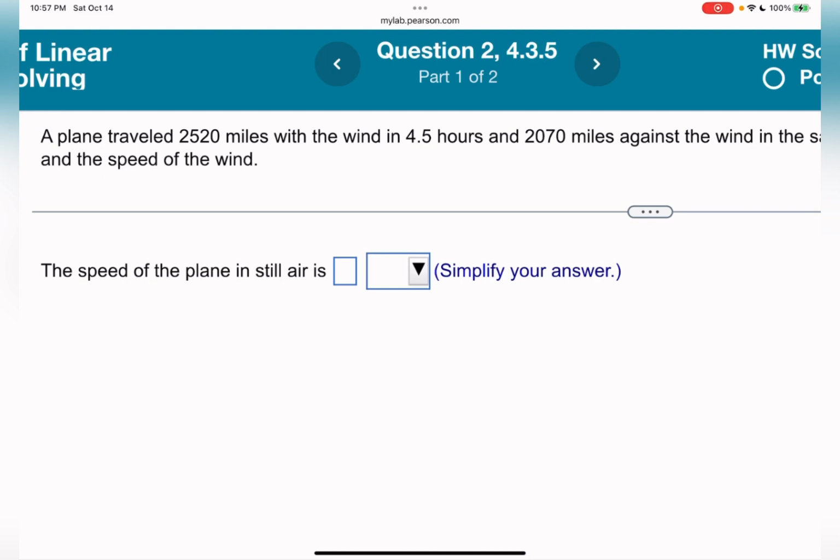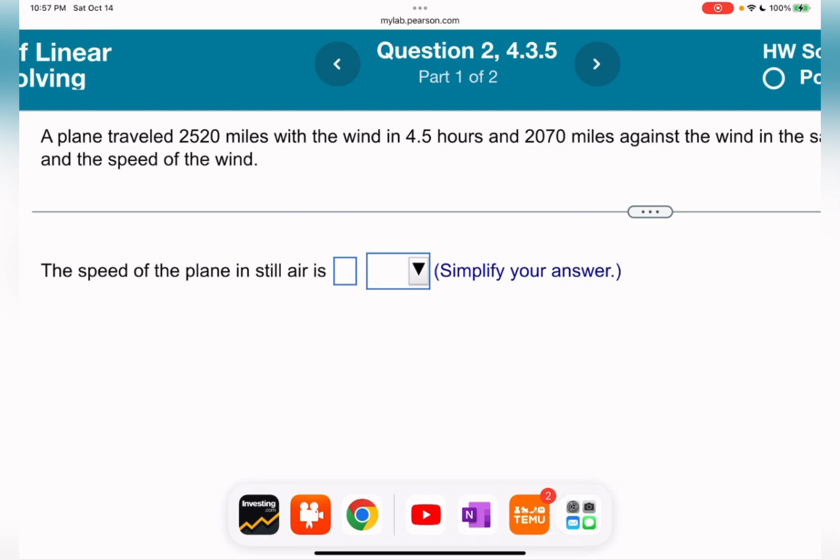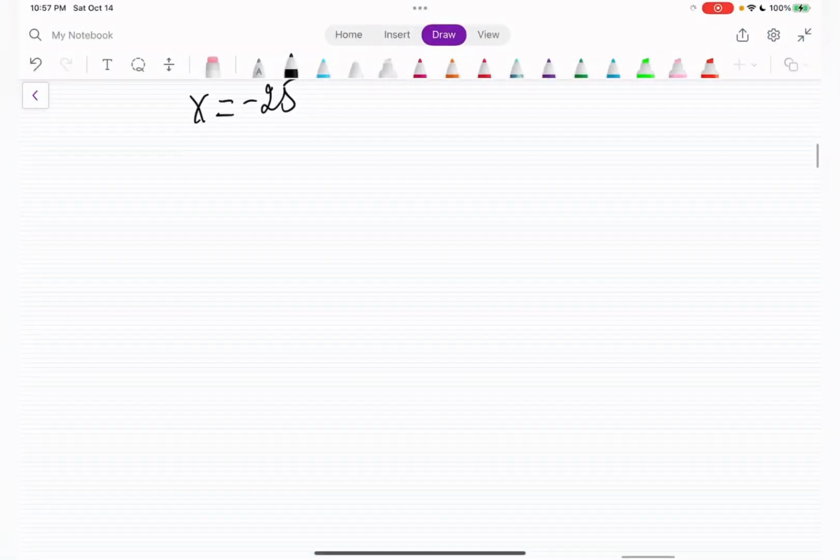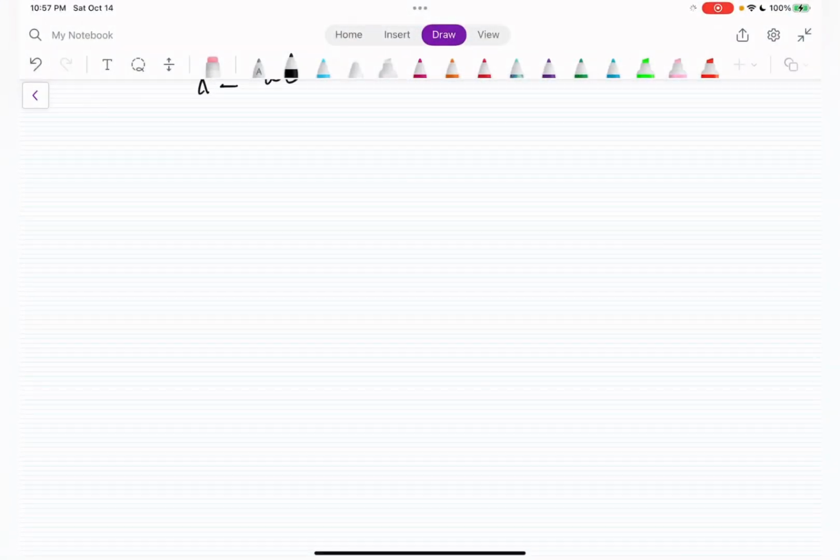Okay, let's start working. So, word problems we always start solving from the back. The question is asking, find the speed of the plane in the still air.